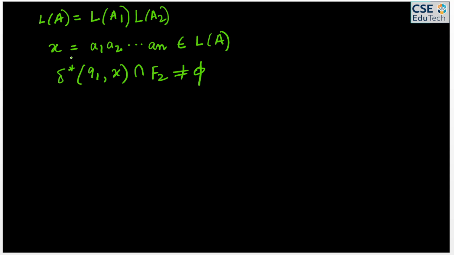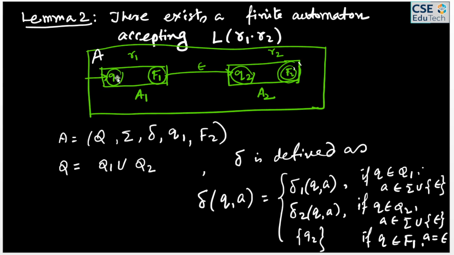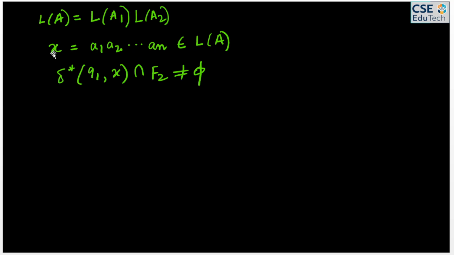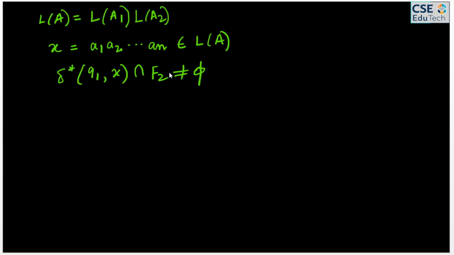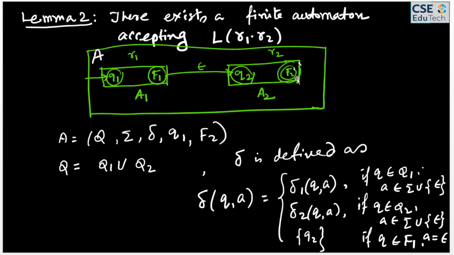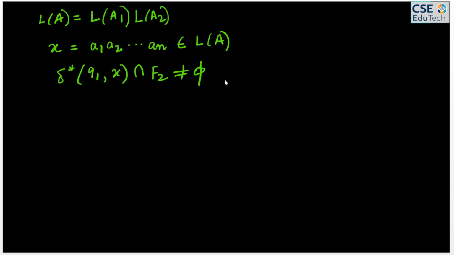That means starting from Q1, after processing the string X, and intersecting with F2, the final state of the final automaton A, it should not be empty.